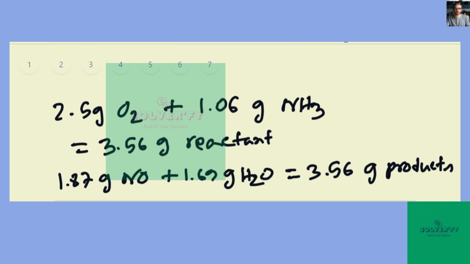That means the mass of reactants reacting is equal to the mass of products which is produced. That means our calculations are consistent with the law of conservation of mass.